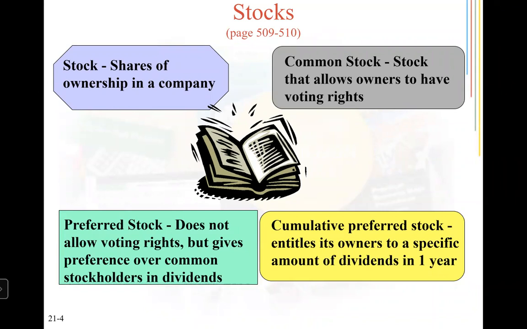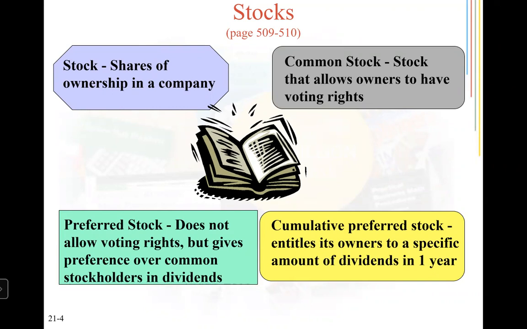So at the end of each year, you get a payment, which is called a dividend, as part of the payout for persons who own shares in the credit union. All right, so you see the definitions: a stock, shares of ownership in a company.